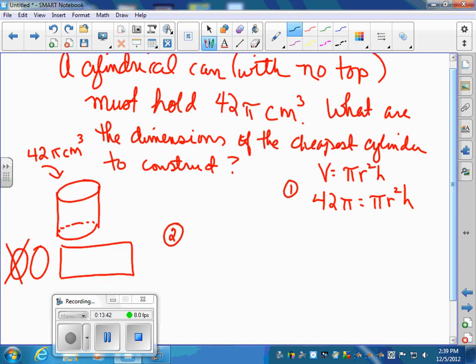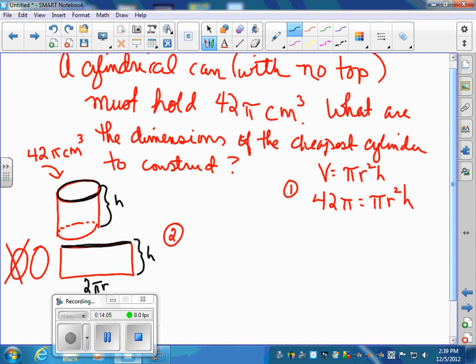This distance is the height, which is also that distance on the rectangle. Now, the tricky part is, what is the length of the rectangle? Well, the length of the rectangle is that part of the cylinder, so that's the circumference, which we know to be 2 pi r.